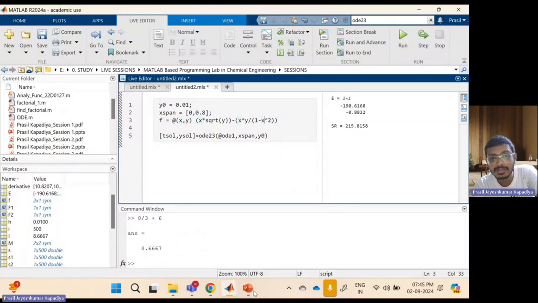Here I will suggest putting dots because we are dealing with arrays. Now let's check what we are getting.